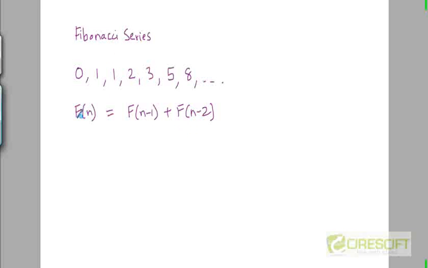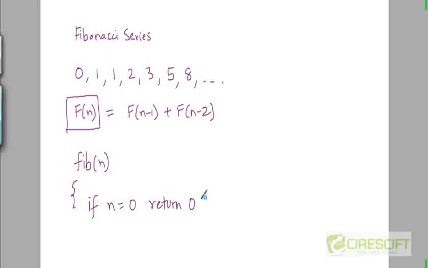Now, if you want to write a program to calculate the nth Fibonacci number, one way to design an algorithm is just to use the definition of the Fibonacci series and say that if we have to calculate the nth Fibonacci number, if n is equal to 0, then return 0. If n is equal to 1, return 1.